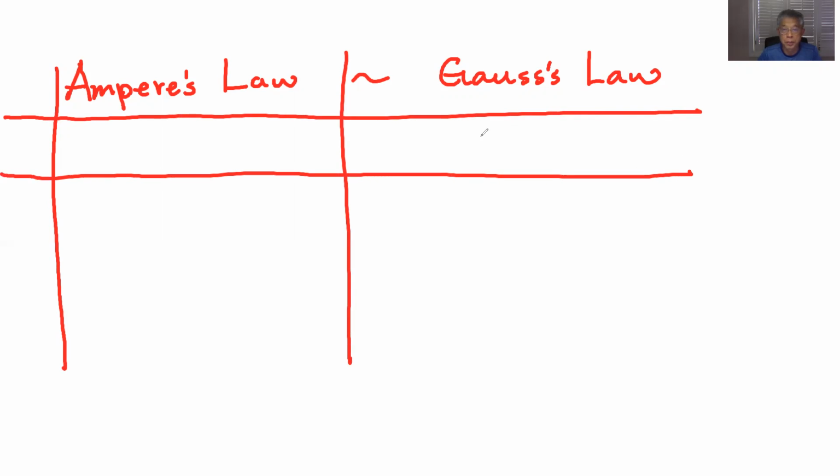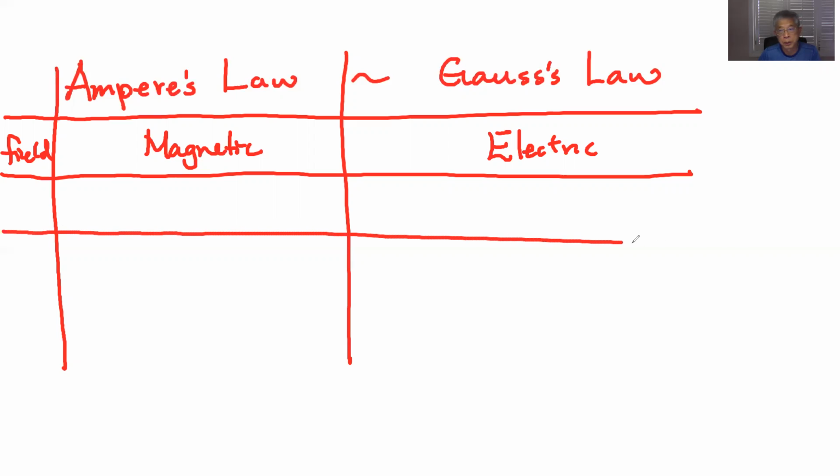So this is talking about the electric field. And this is referring to the magnetic field. Okay, so this is field. And in terms of geometry, this is talking about a closed surface.